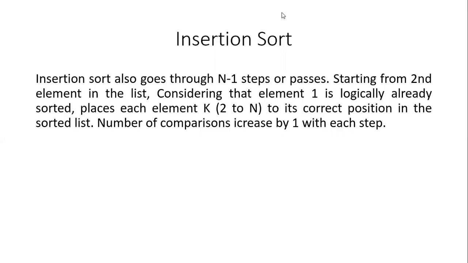If it is smaller than the first element, it will be placed at the first position and the second element will be shifted to the second position. If it is greater than the first element, then it will be directly placed at the second position. So this is how we will insert all the elements one by one at its correct position. So the sorting is performed when the elements are inserted.